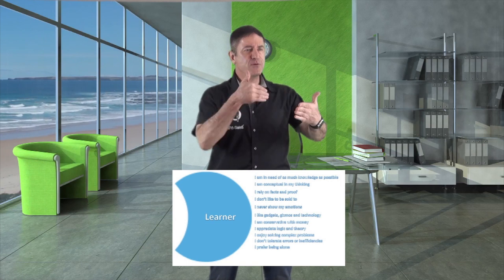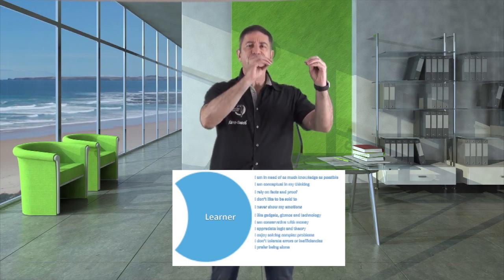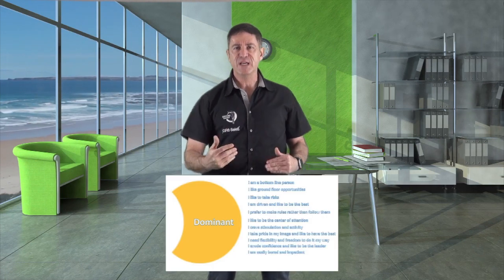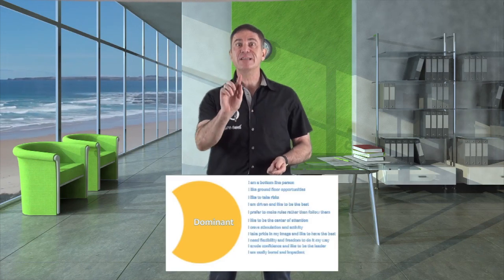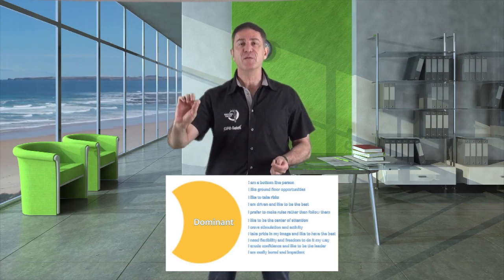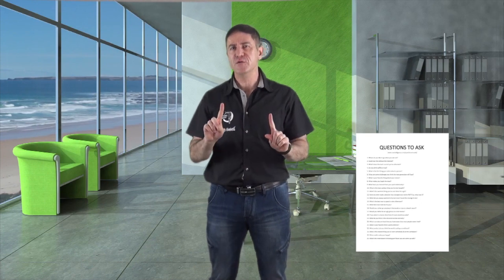A learner is about knowledge and understanding how everything's going to connect and work. And a dominant personality is about knowing, how's this going to help me? How's this going to make me shine and look good? So keep those perspectives in mind when you're building and designing questions for each customer.